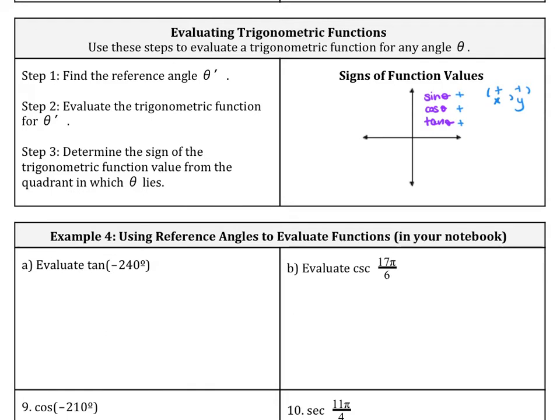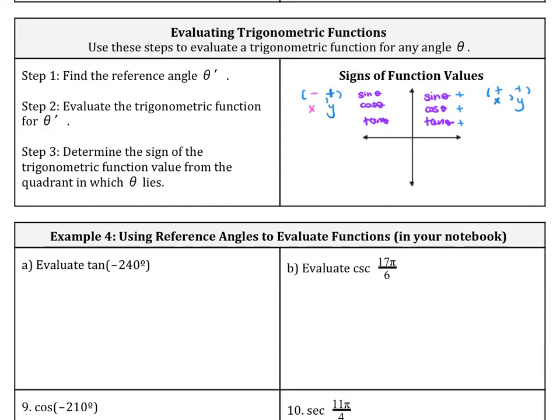Then if we take a look at quadrant 2, let's look at the signs here. The x value in this case is going to be negative, and the y value in this quadrant is positive. Remember, the first value is x, and the second is our y value.